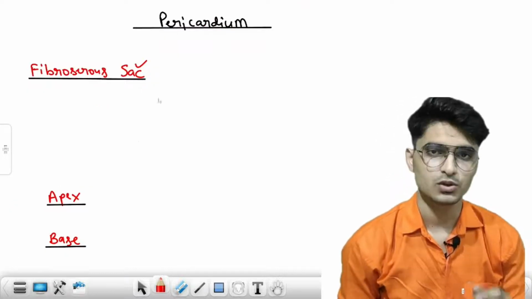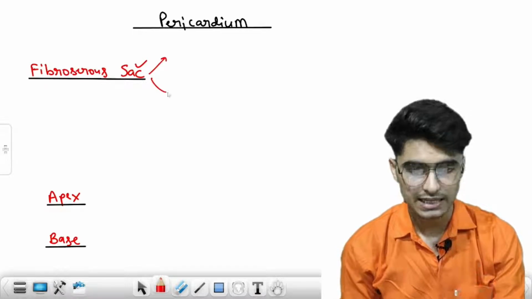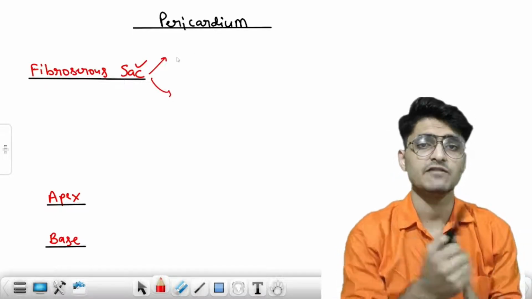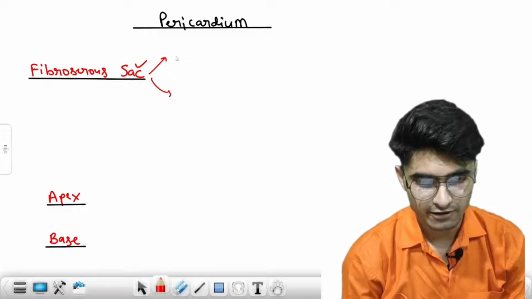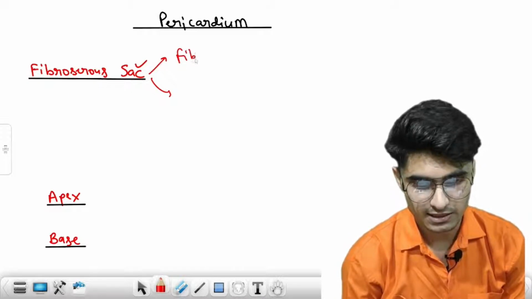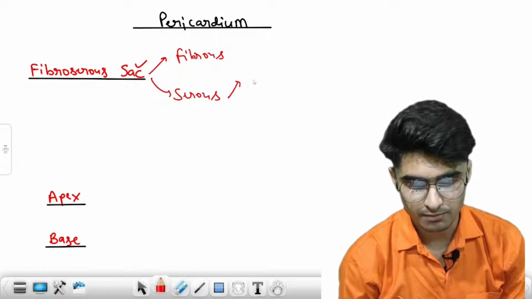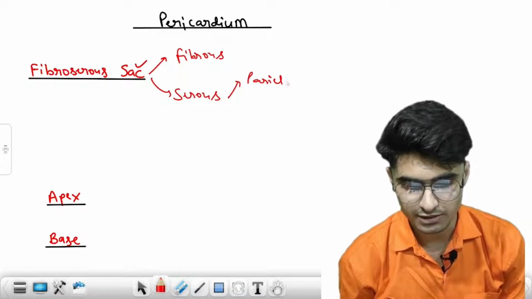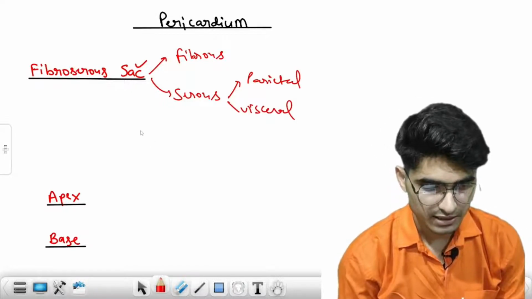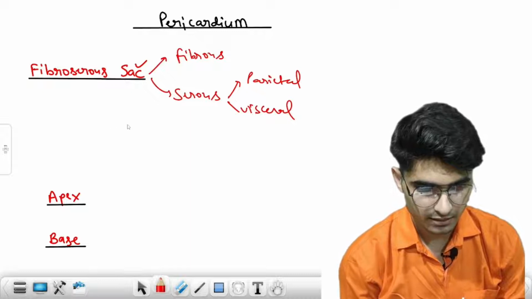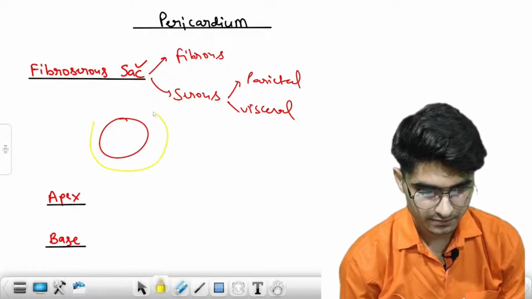So let's get started. The first one is the pericardium. That is basically the fibroserous sac in which the heart is invaginated. It is made up of two structures, the fibrous layer and the serous layer. The serous layer is divided into the outer parietal layer and the inner visceral layer.